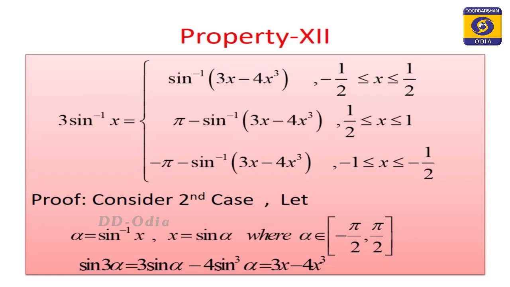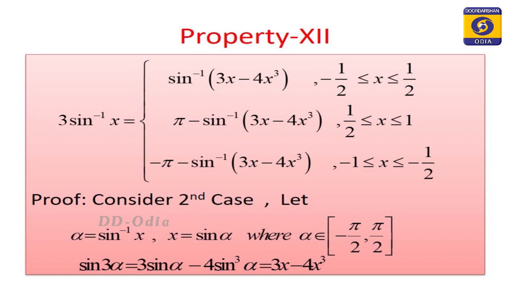So 3 sin inverse x is equal to sin inverse (3x minus 4x cube), provided minus 1 by 2 less than or equal to x less than or equal to 1 by 2; pi minus sin inverse (3x minus 4x cube), for 1 by 2 less than or equal to x less than or equal to 1; and minus pi minus sin inverse (3x minus 4x cube), for minus 1 less than or equal to x less than or equal to minus 1 by 2.